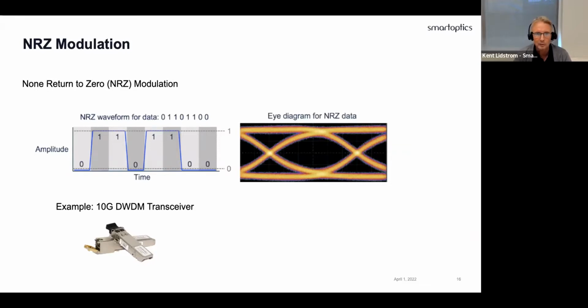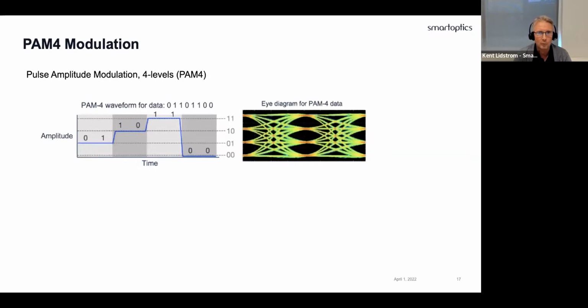Then we started to introduce some new technology. Another modulation format, if you jump to the next slide, is PAM4 modulation, pulse amplitude modulation with 4 levels, where you have 4 different light levels. The bottom part represents 0, 0.